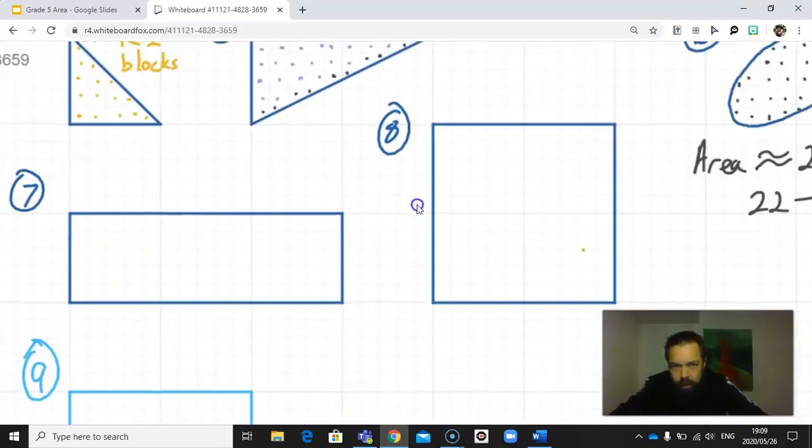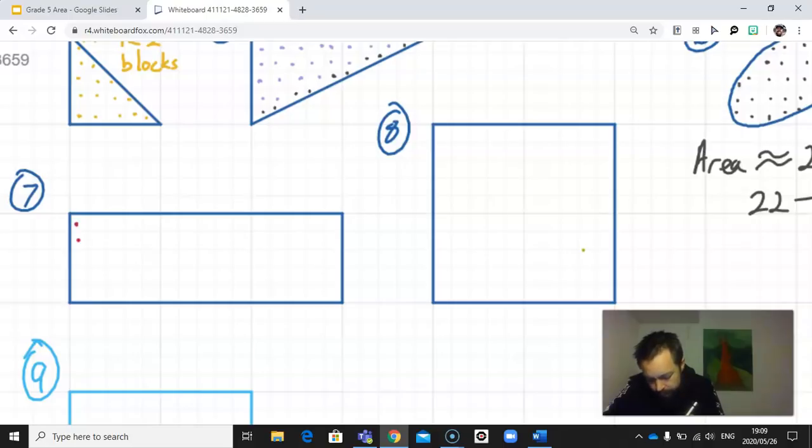Right. Now, this is where things get such a nerdy maths thing for me to say, but this is where I get excited about maths. We've got these things. Remember, I didn't want to have to count all the blocks, and this is also a big shape. I really don't want to have to count all these blocks. So let me just go like this. 1, 2, 3, 4, 5.